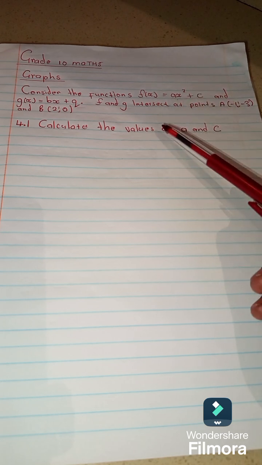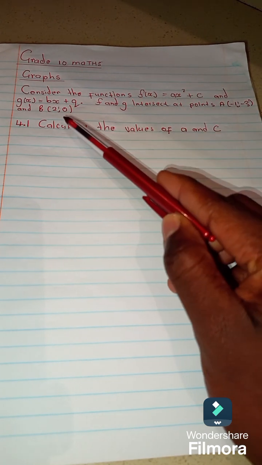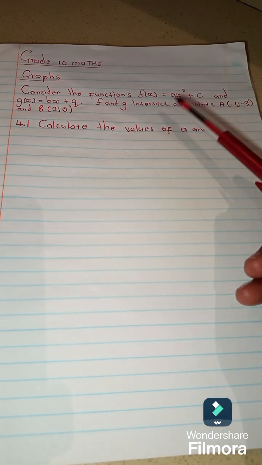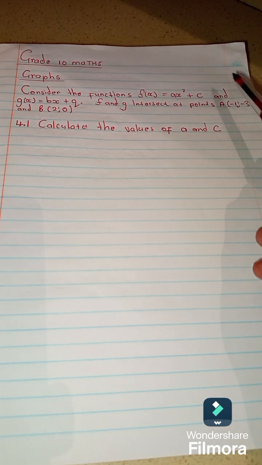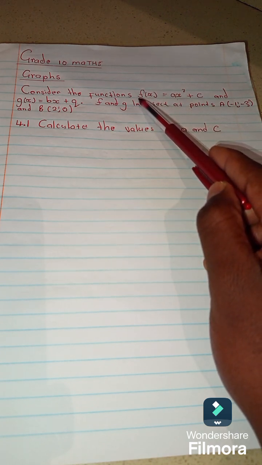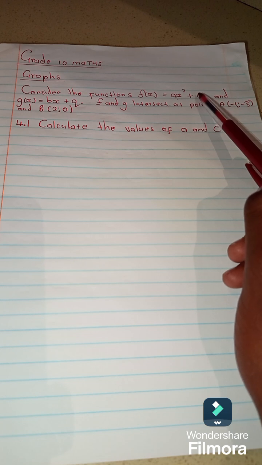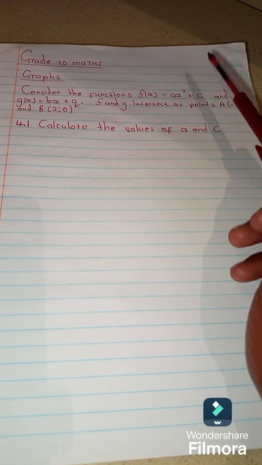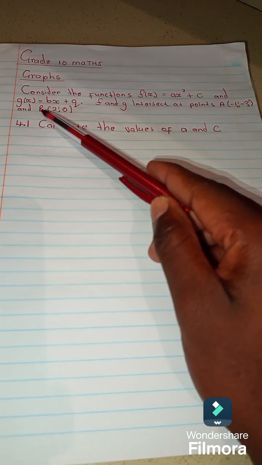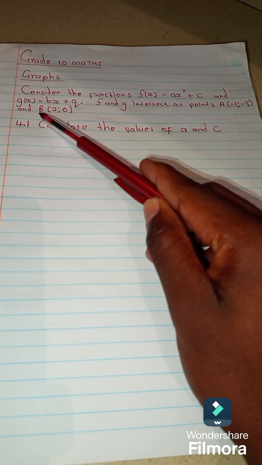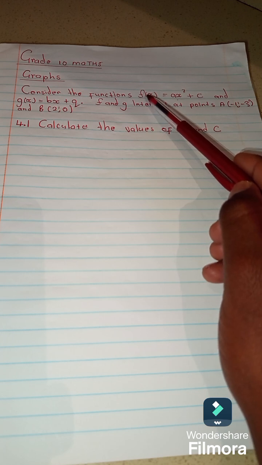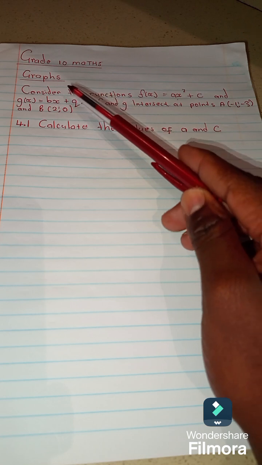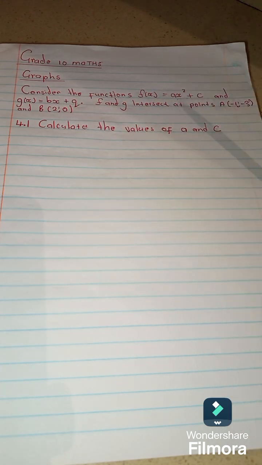A and C. Well, it is obvious that you have to use these 2 points for you to get the values of A and C. What you'll have to do is substitute these points into this graph of f of x, and then we're going to have 2 unknowns after doing that, which are A and C. And then after that you substitute the values of point B into the graph of f of x, and then you'll be having one unknown, and then after doing that you'll be able to calculate your A and C. Without wasting time, let me demonstrate what I'm saying.